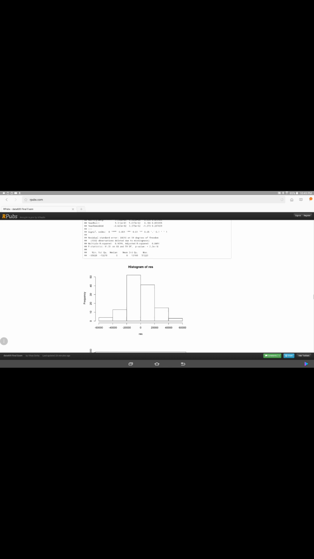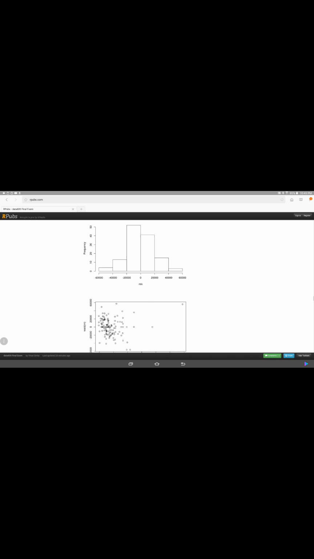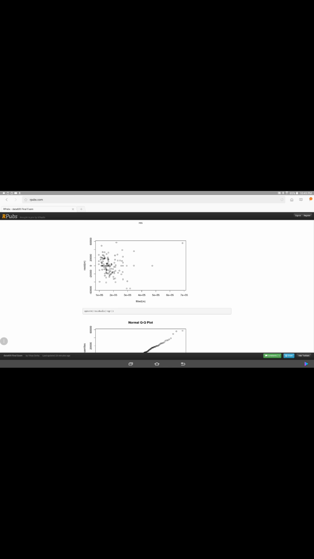So looking at the histogram of residuals with this model as it stands, the histogram of residuals looks very good, looks like a normal distribution. Looking at the fitted versus the residual values, there is no clear trend here, which is good.